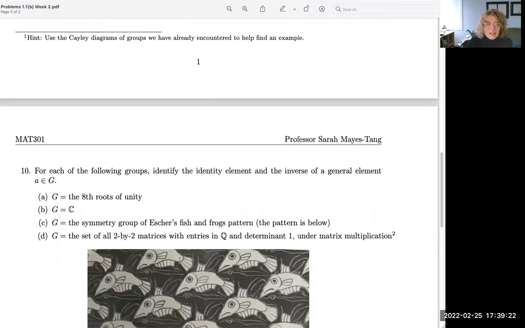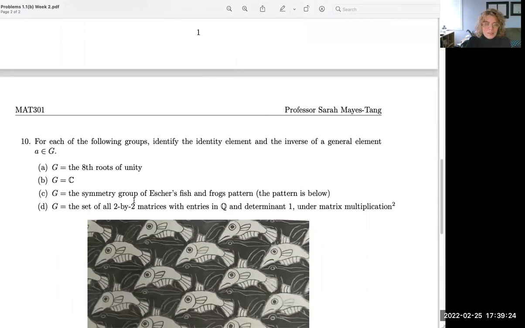And for number 10, identify the identity element and the inverse of a general element, A inside of G. G is equal to the 8th roots of unity. So in order to figure out what the identity element is, we need to remember what the operation is. This is an example that you might have skipped over because we didn't talk a lot about it at the beginning.